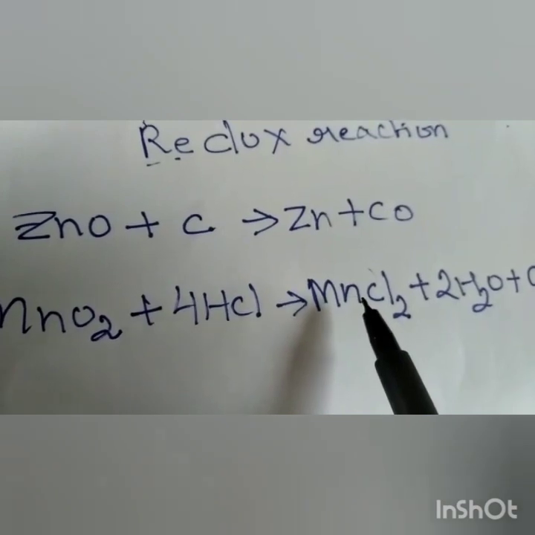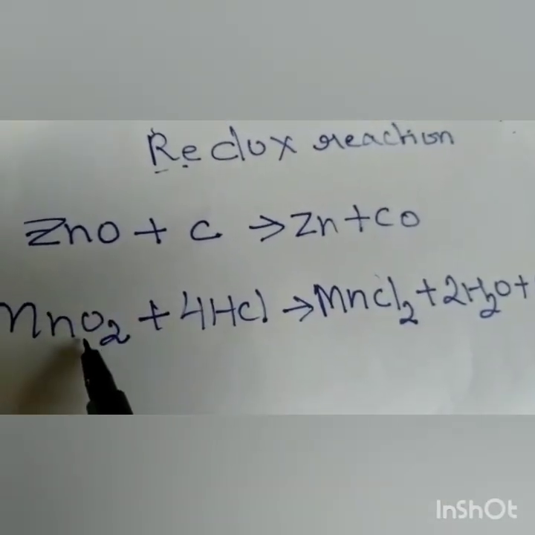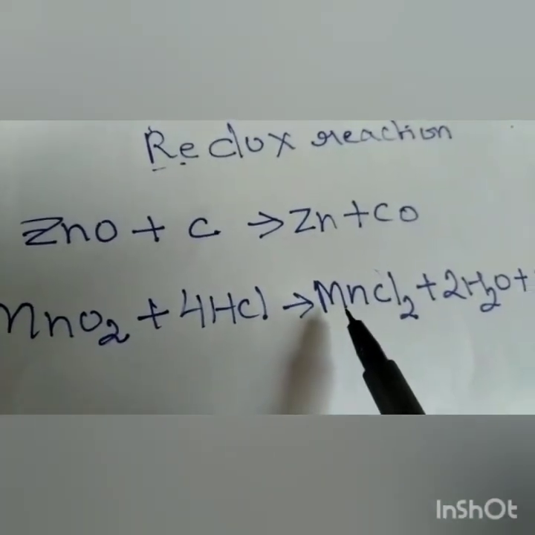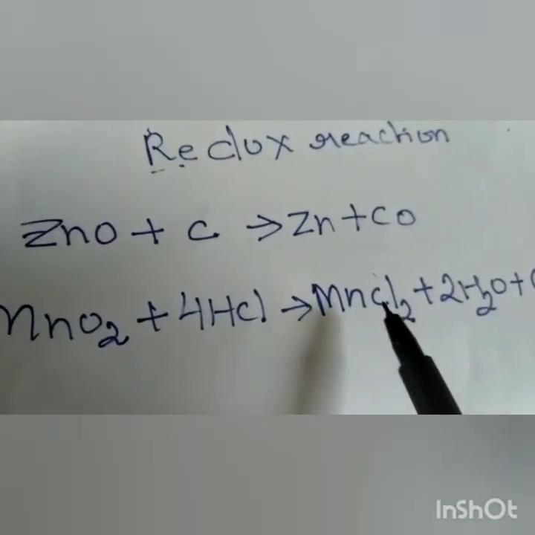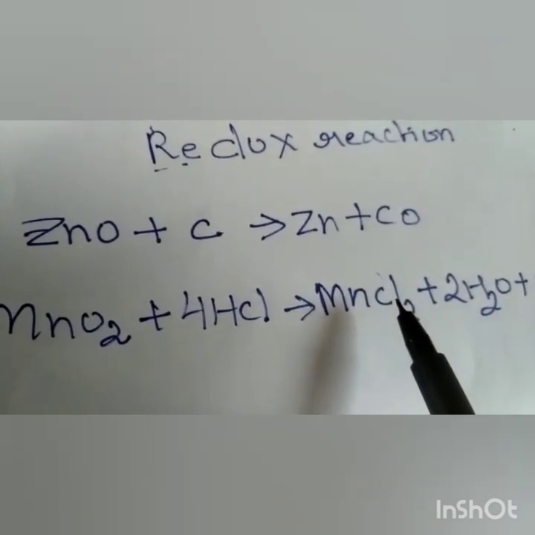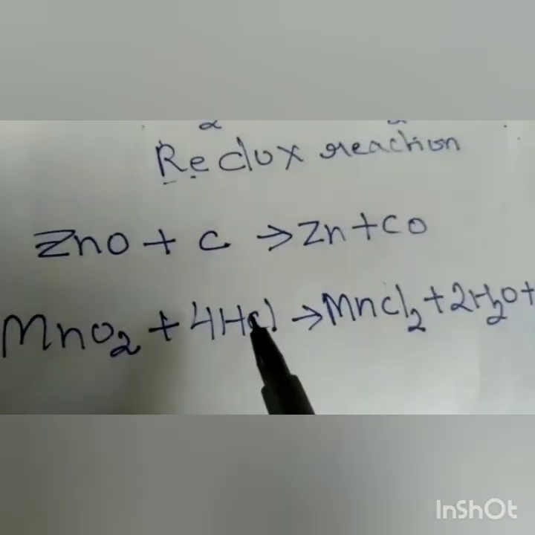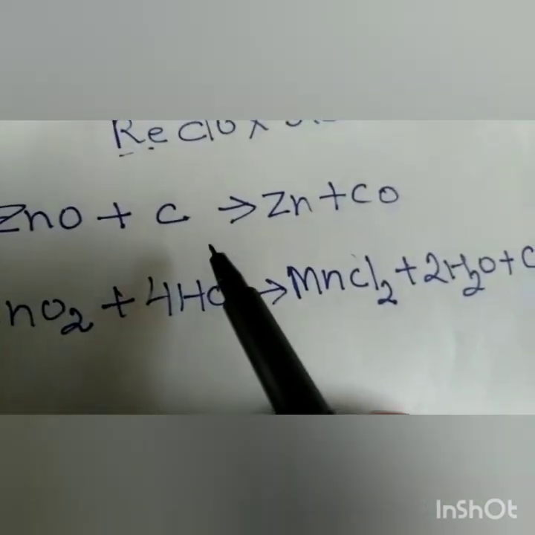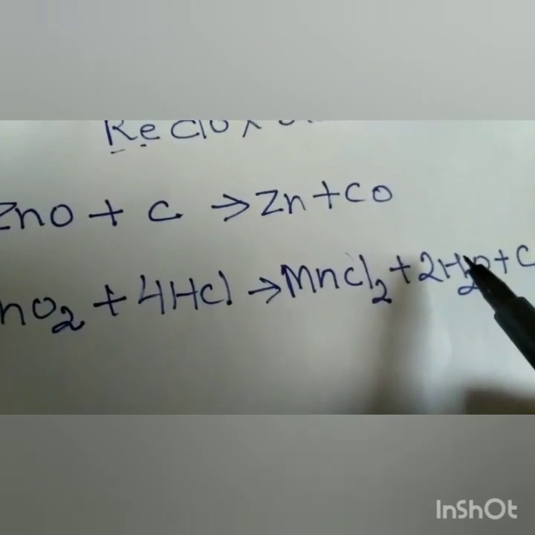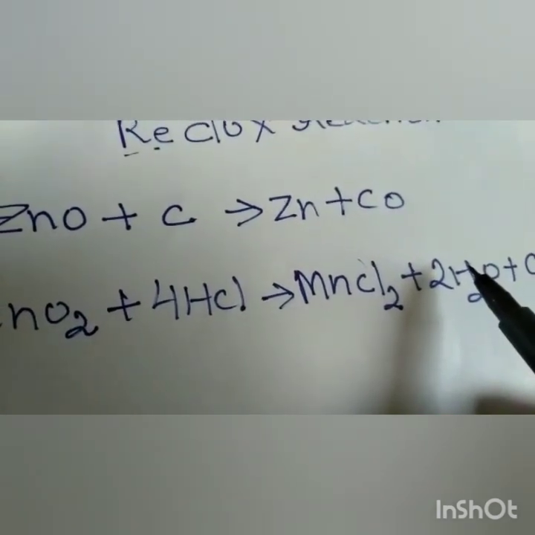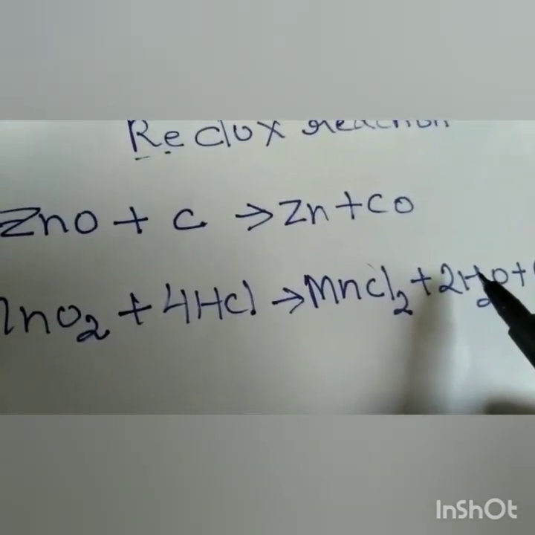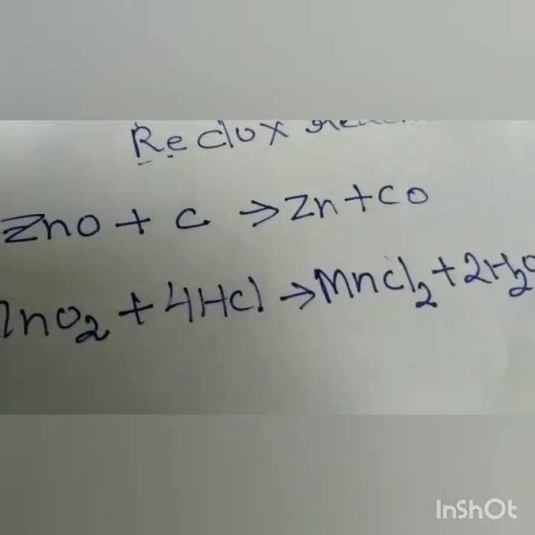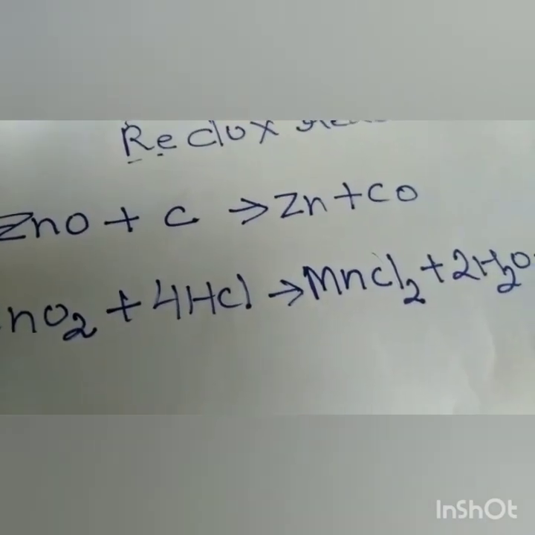Oxygen is removed. So this MnO2, manganese dioxide, is reduced to manganese chloride. Understood? Now you see hydrochloric acid, 4HCl. From 4HCl, water is formed. So here 4HCl is oxidized to water.